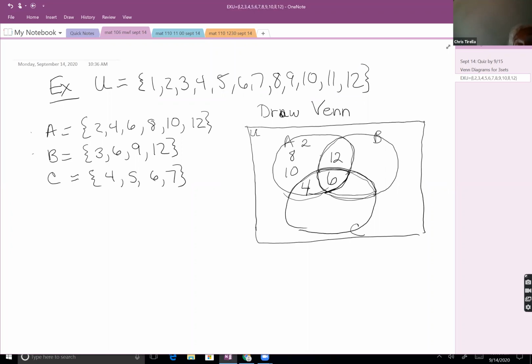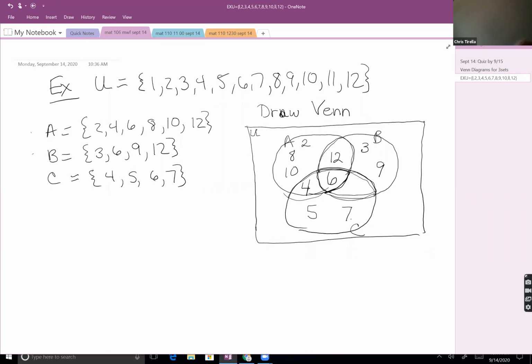Let's finish filling in B. B has 3, 9, and 12's in there already. Beautiful. And now for the rest of C. C's got 4, and we need to add 5 and 7. C now contains 4, 5, 6, 7.